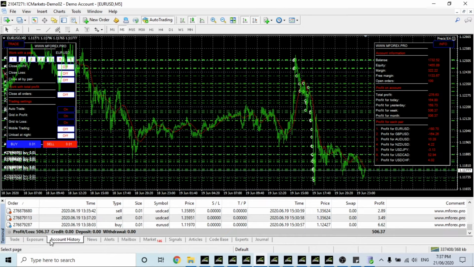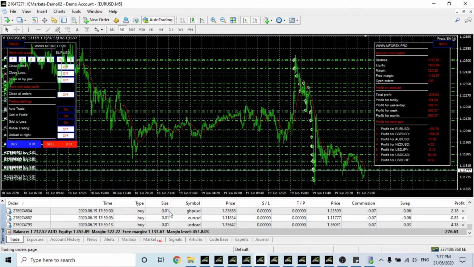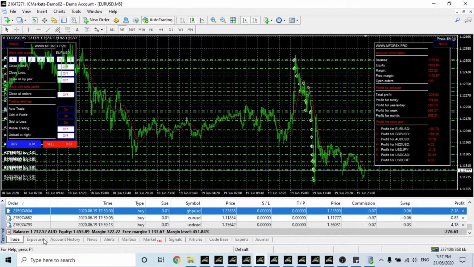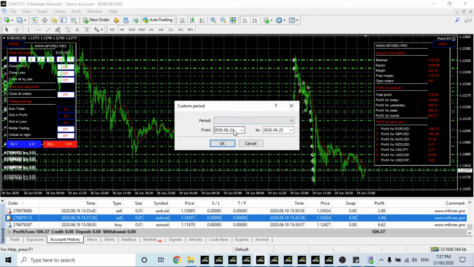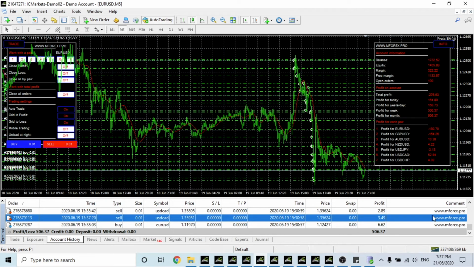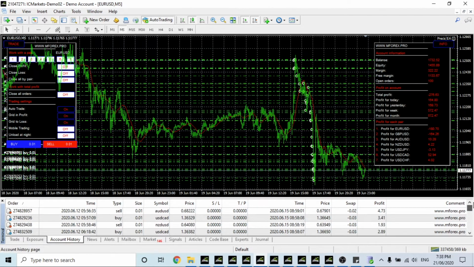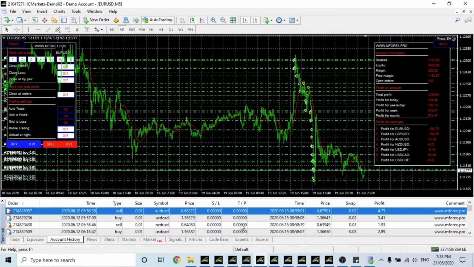It's made $506. Let's go to the 14th. Yep, still that one. So you see how it's done this? I selected the 14th, right, and it's done the 12th.